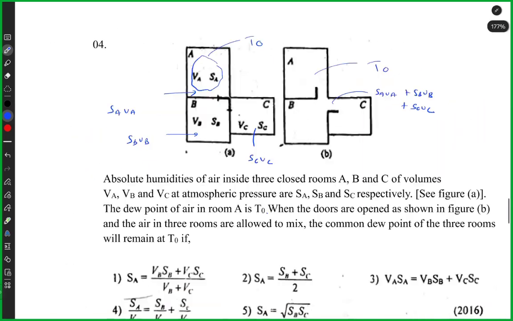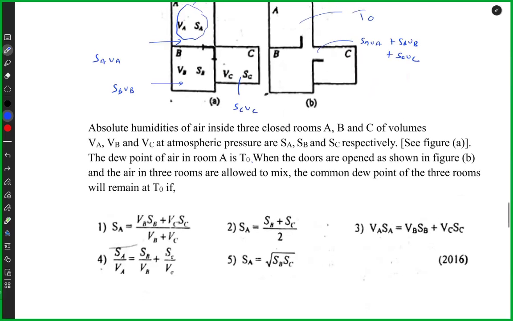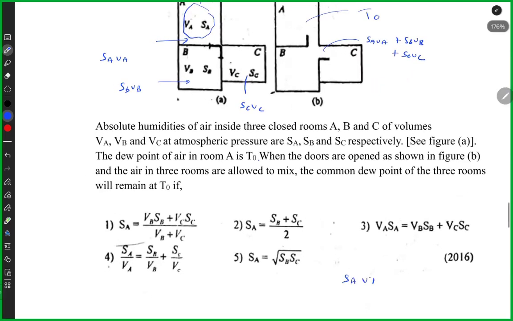And now tell me, if you need to have the same dew point in the entire system B as in A, you need the same water vapor density. What's the density in B? By B I'm talking about figure B, the entire system. What's the entire mass in the entire system? ρA VA plus ρB VB plus ρC VC.